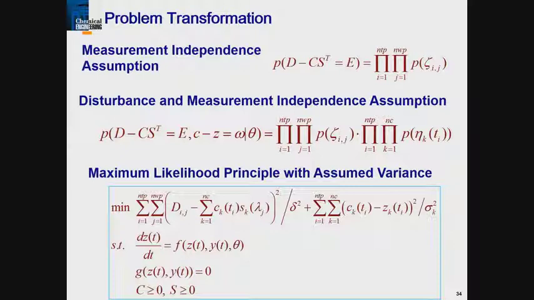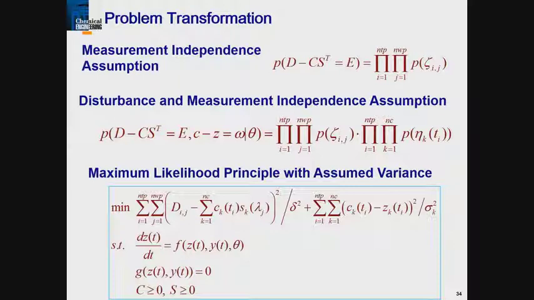And then if we put together a maximum likelihood function, we'll have a term here that corresponds to the instrument noise with this variance over here, and then this term over here is going to be the term with the Brownian motion, the variance of the Brownian motion. And then we have the exact model over here.